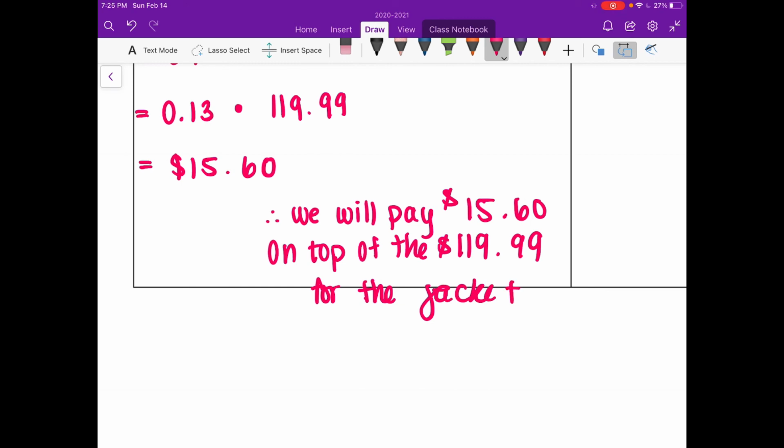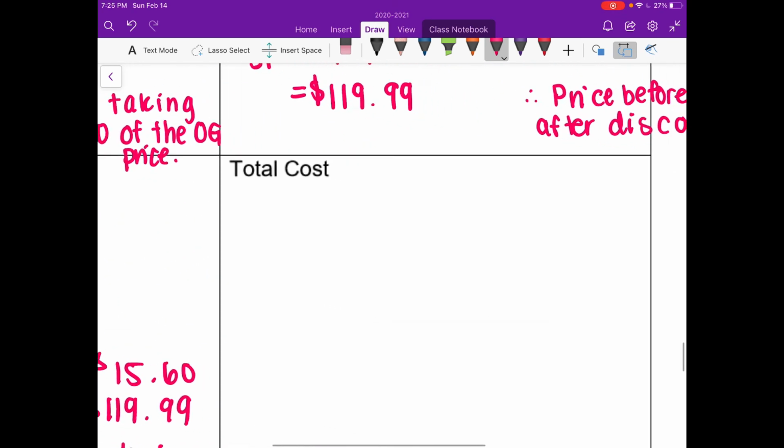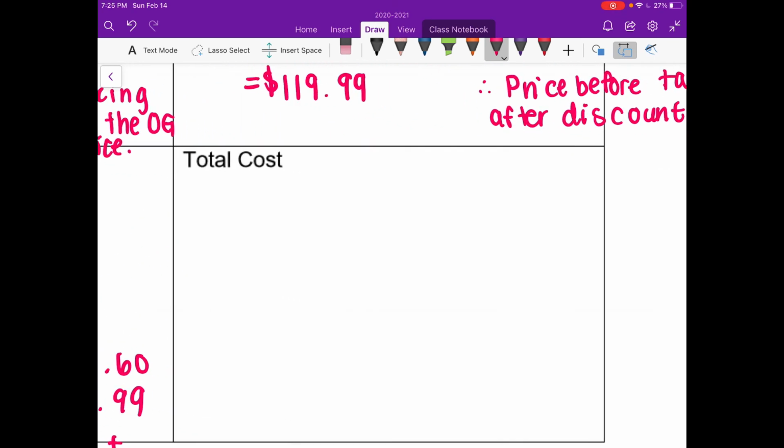Right? You always add tax after. So the total cost is equal to the cost of the item, which is $119.99 for us, plus HST, the cost of tax. Right?